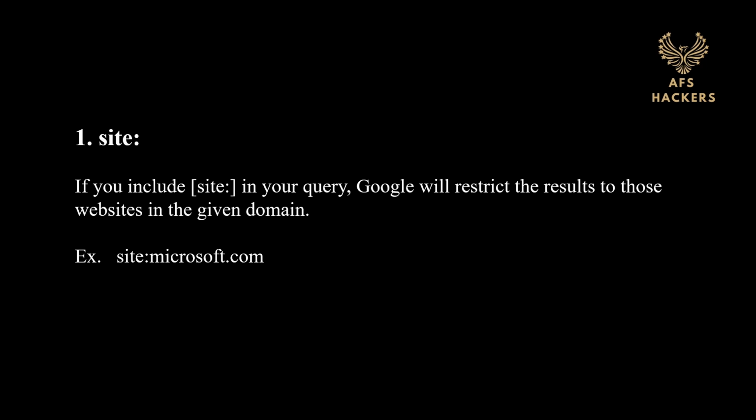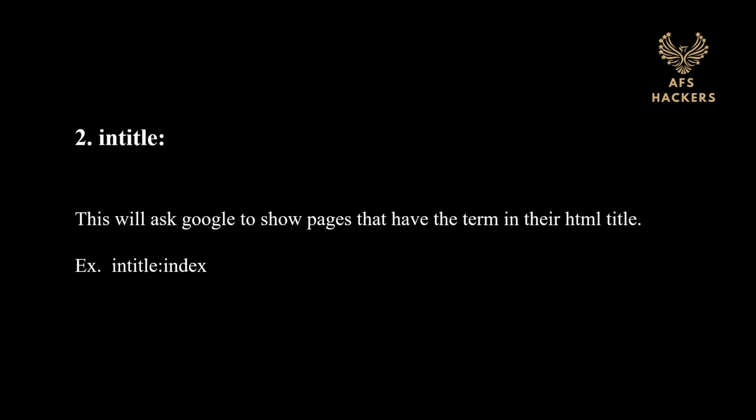Okay, let's see the second filter, that is intitle. This will ask Google to show pages that have the term in their HTML title. So for example, if you type intitle:index, Google will show you all the relevant results of index pages.